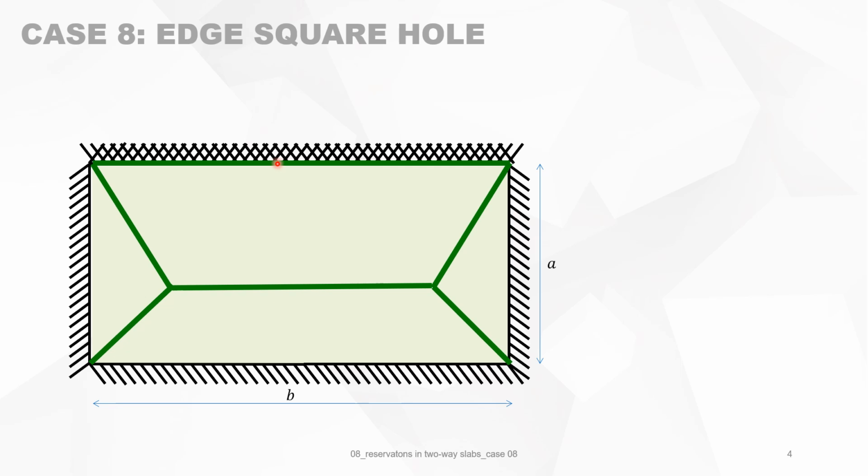So it means in fact that the upper and lower reinforcement are equal. Then we make a reservation, where the yield line is not existing anymore, and it's a square reservation on the edge of the slab, situated at a distance d4 from the left-hand side.